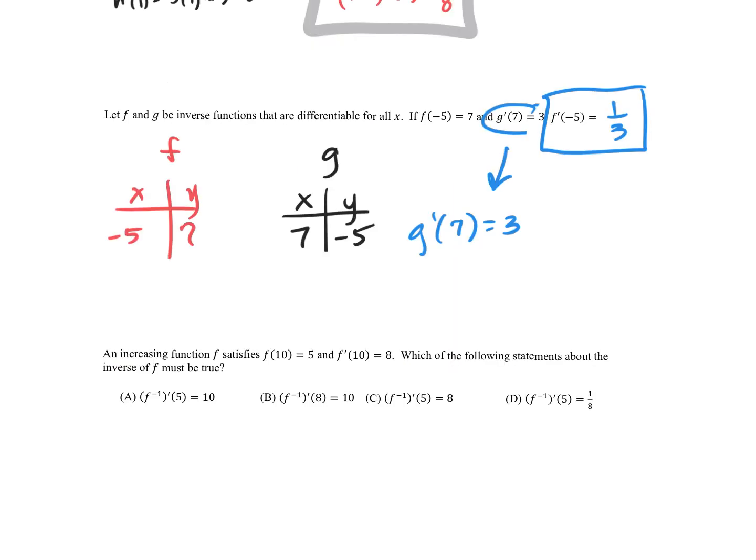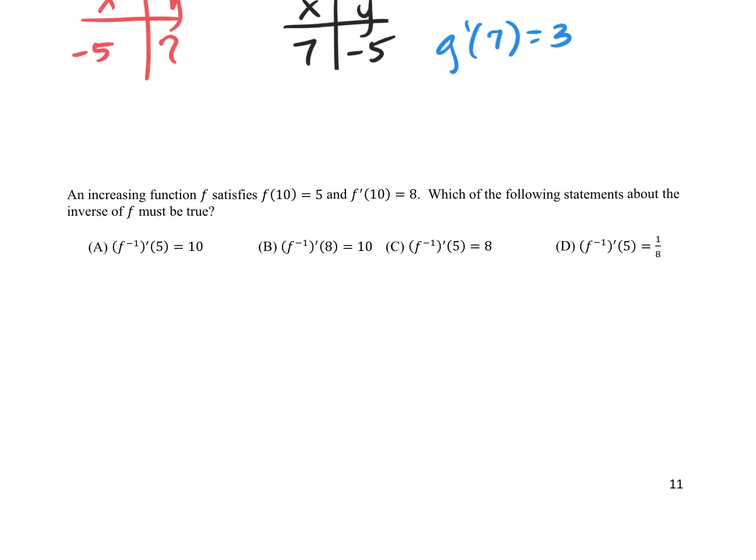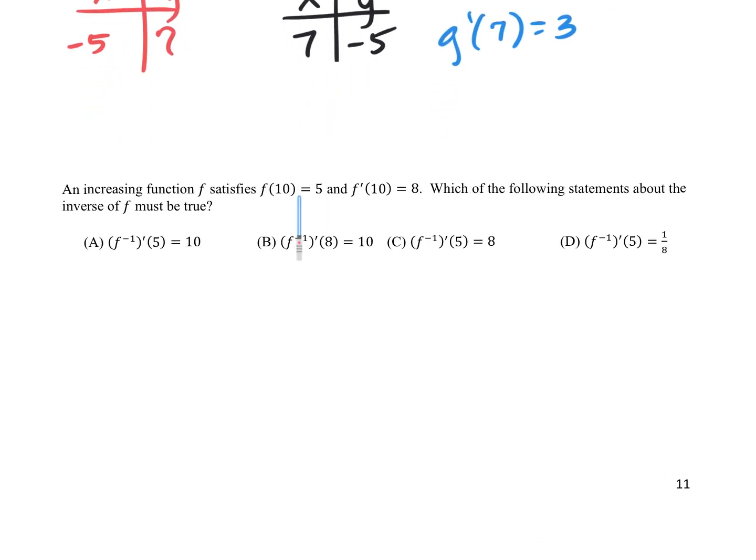Let's try. Oh, and I said which one of these must be true. Okay, let's go make ourselves a chart. If my function has the point (10, 5), and again, maybe I'll put that in my little x and y chart. My function has the point (10, 5). My slope, my f prime of 10, is 8.